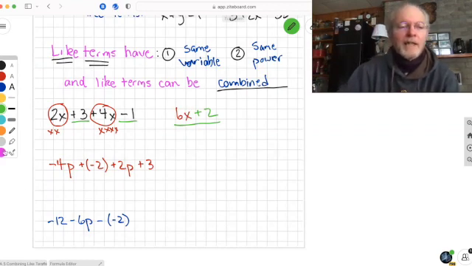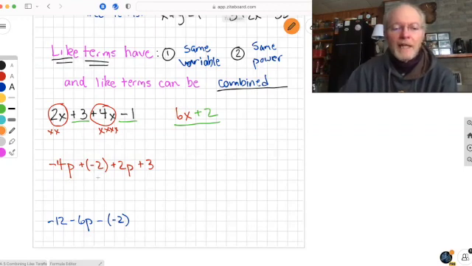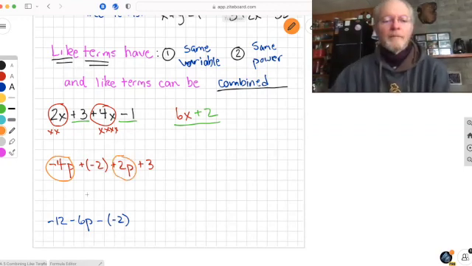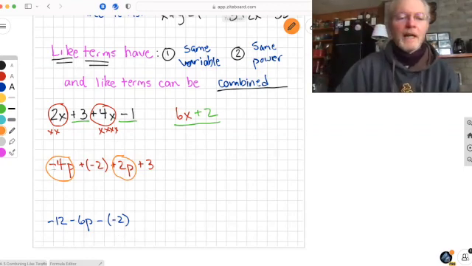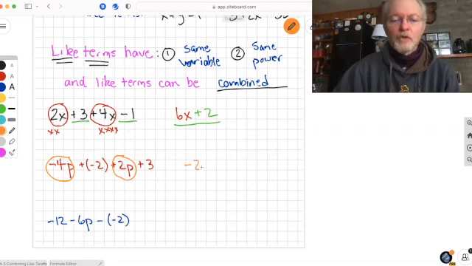Let's look at our second example. Here we have -4p plus -2 plus 2p plus 3. The like terms with the same variable, the same power, are -4p and 2p. If we combine -4 and +2, we would get -2p.